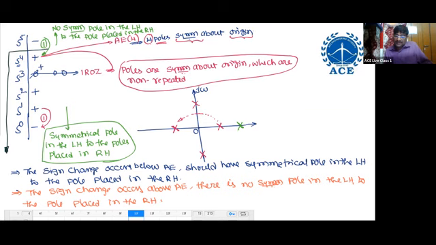For example, one more thing I'll take. A sample Routh tabular form I'll take.